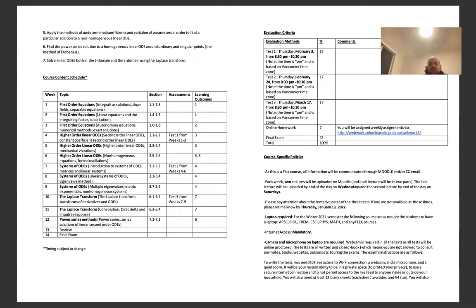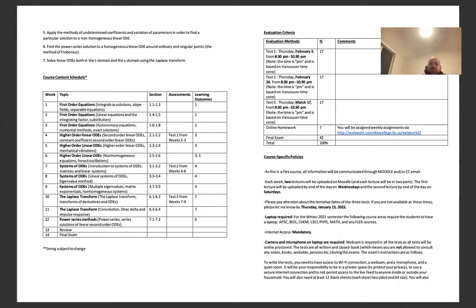And then we will look at higher order differential equations, for example, mostly second order differential equations. We will also take a look at some simple examples of third or fourth or higher order differential equations as well.